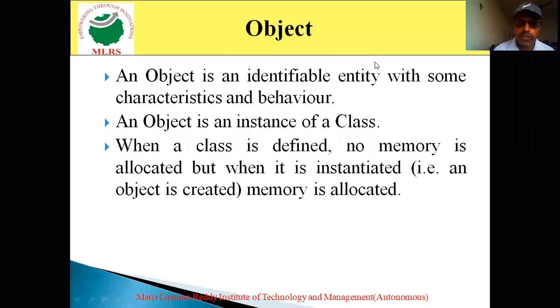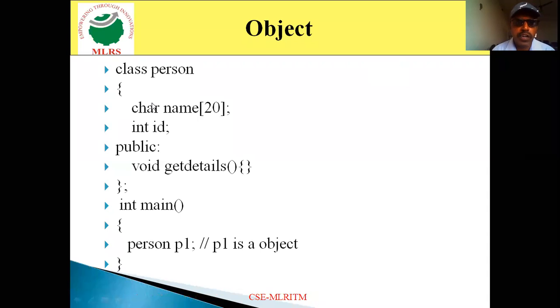Then we have a look at one particular example which consists of a class and the object. Now observe here. Here I define a class with the keyword class. Remember, when you want to define a class, you have to use the keyword class, then provide a class name. Here the class name is person. Then open brace.